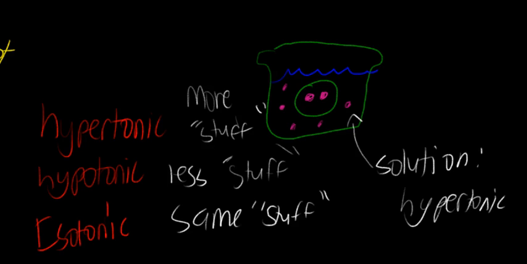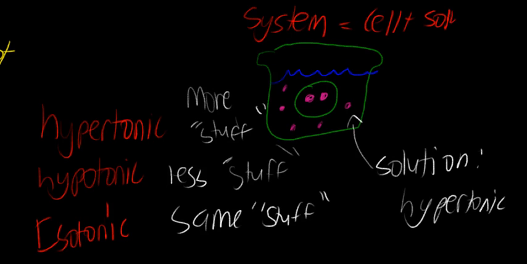If we refer to this whole thing as one system, cell plus solution, that is the system. If we had two cells, then our system would be two cells plus a solution. So that's our system.